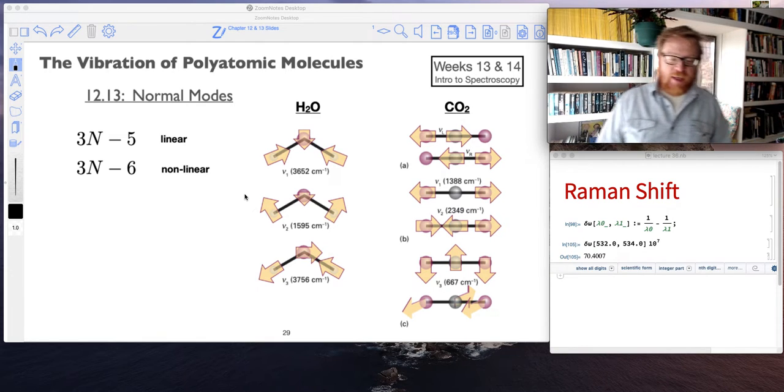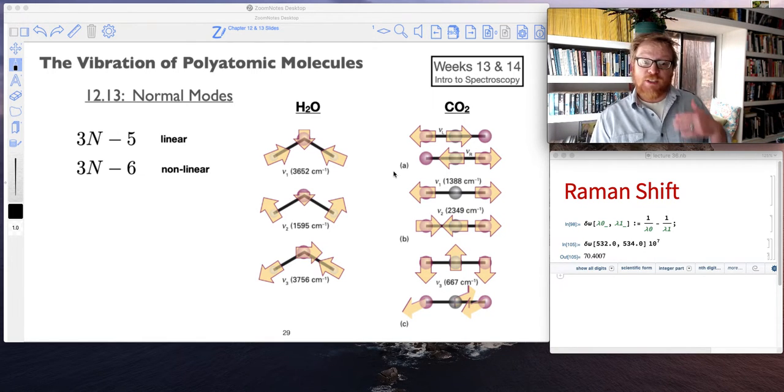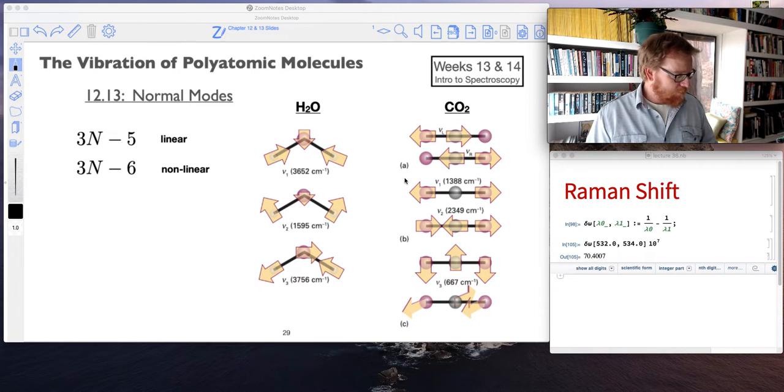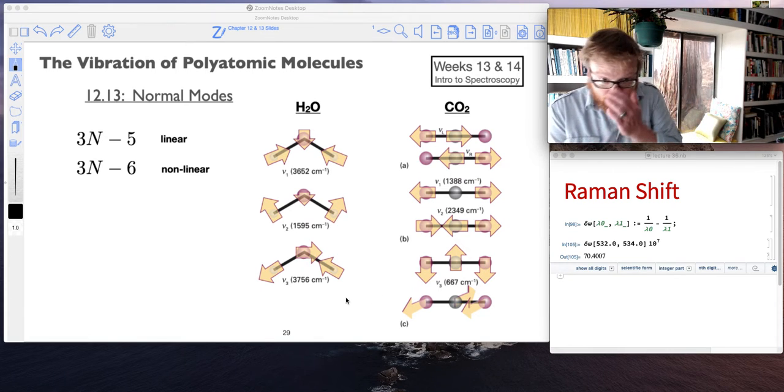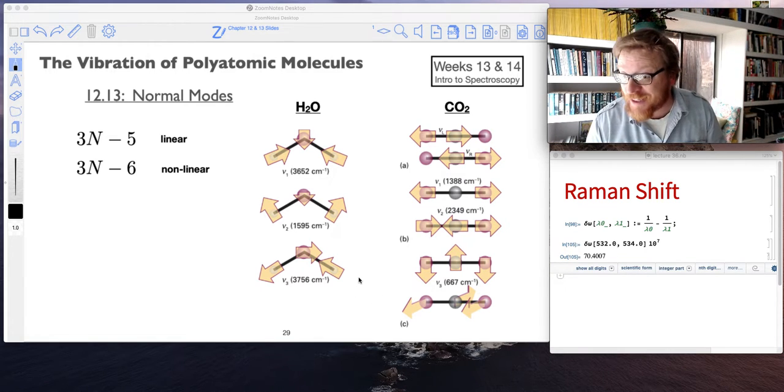So in other words, these normal modes, these modes of vibration, are independent, synchronous motion of atoms or groups of atoms. And each normal mode, the word independent, it's independent from the other normal modes. So these vibrations are all separate energy transitions.